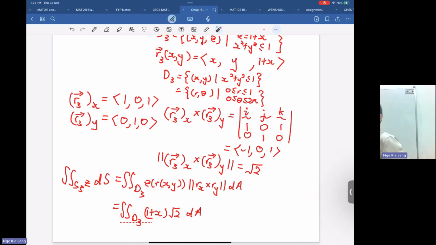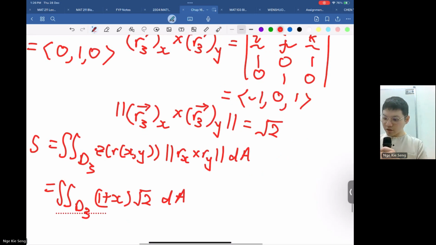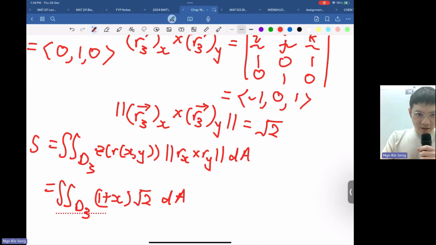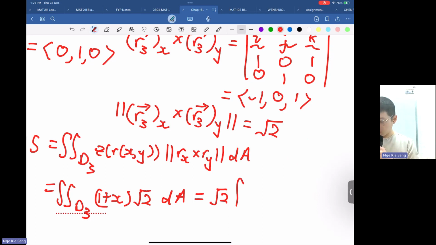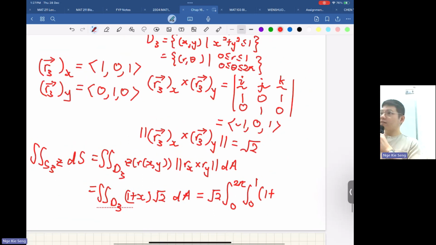This Jacobian I already computed for you, when changing from rectangular to polar coordinates. So here we get square root 2, integrate from 0 to 2 pi, 0 to 1 of 1 plus x, which in polar coordinates is r cos theta, multiplied by r.